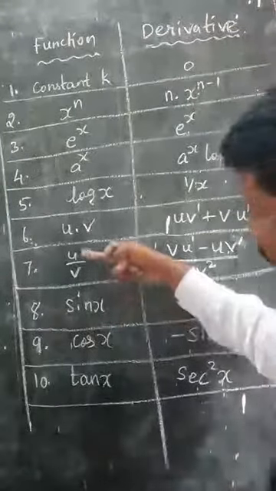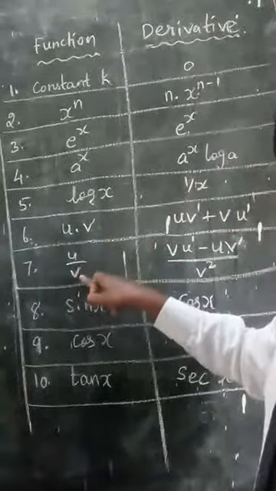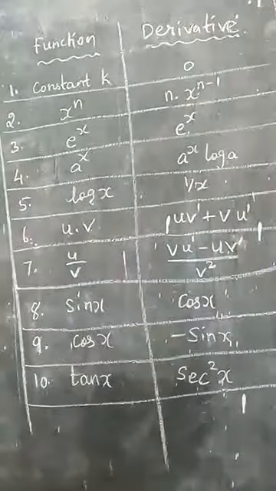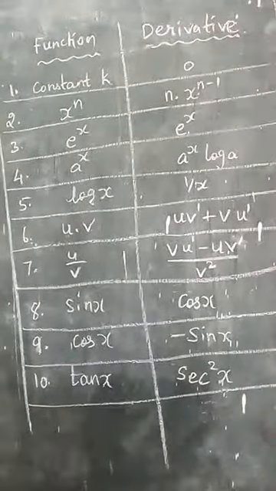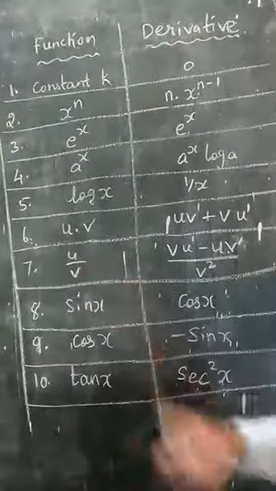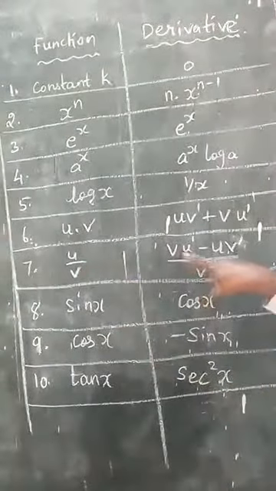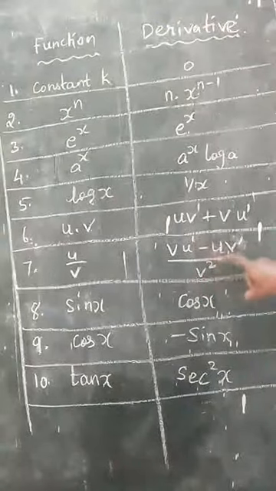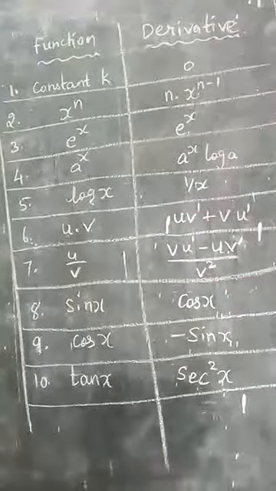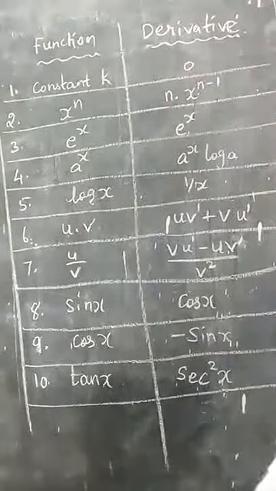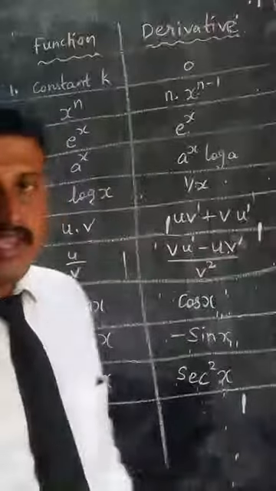And the next one, u by v. It is called the quotient rule for differentiation. The formula is v into u dash minus u into v dash by v square. How am I reading it? v into u dash minus u into v dash by v square.